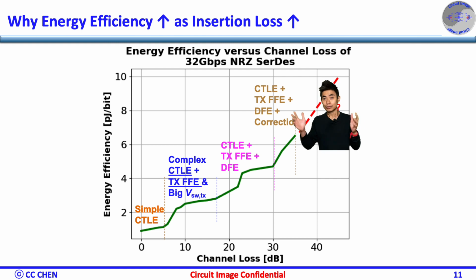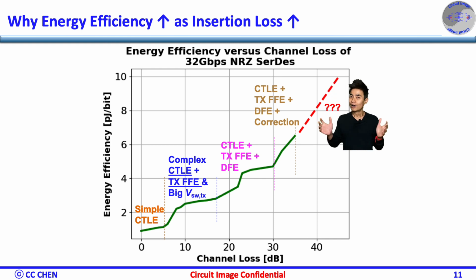Fourth, in the long reach or loss greater than 30 dB, the whole SerDes, including the TX FFE, RX CTLE, and RX DFE, may be sensitive to any intrinsic impairments. Therefore, lots of complicated calibration and correction in the analog blocks will increase the energy per bit up to 6 picojoule per bit.